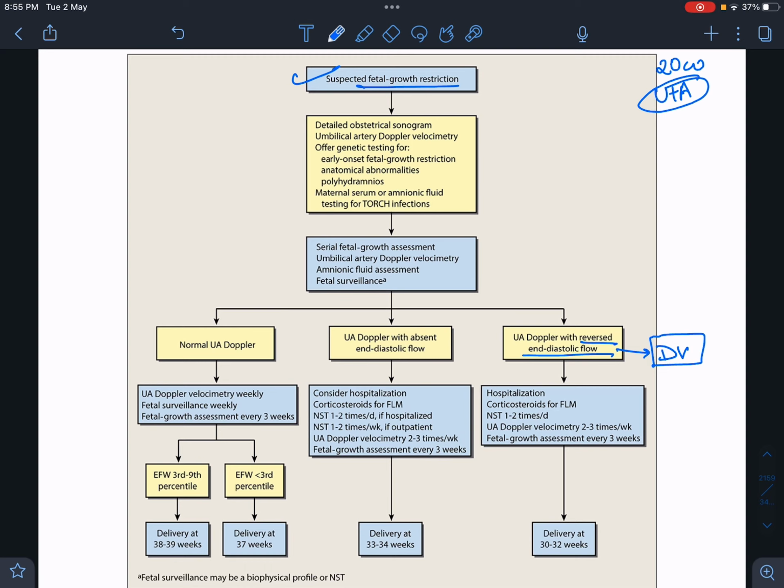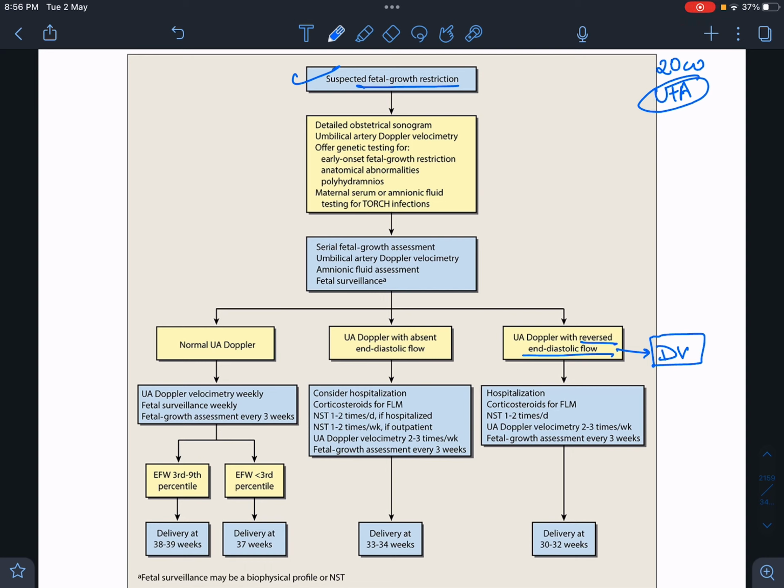In India that is rare, but women who are continuously smoking, very rigorous physical activity, antepartum hemorrhage, things like that. Any infection you're suspecting, TORCH infections like I had told you, toxoplasma, malaria, all of these things.